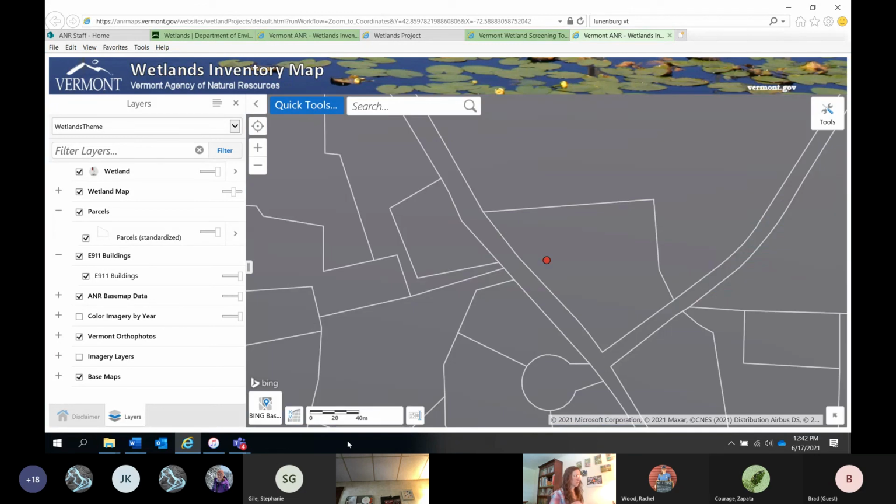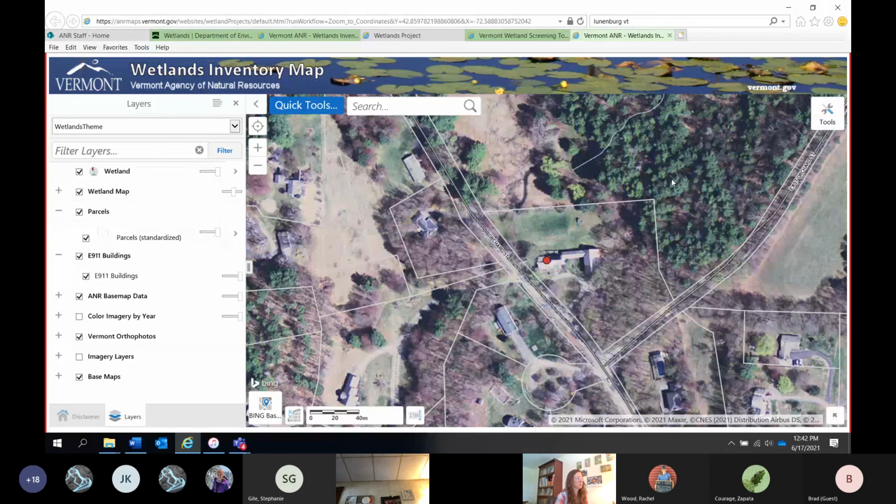Guess I didn't feed the hamsters in my computer enough. Lunch, everything's moving slow. Okay, so it looks like there is a project adjacent to this property, and there is a mapped pond adjacent to this property.